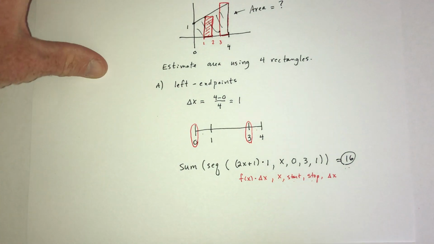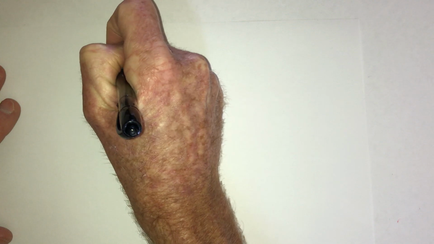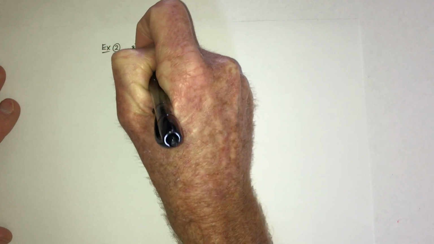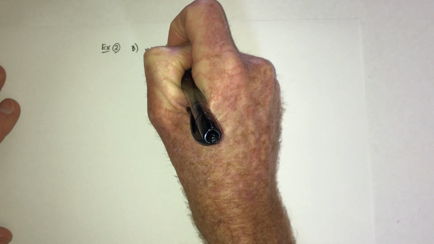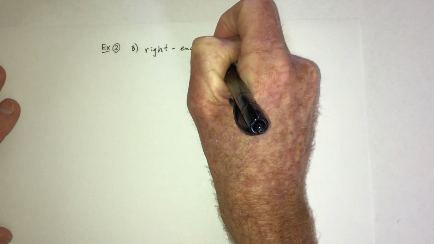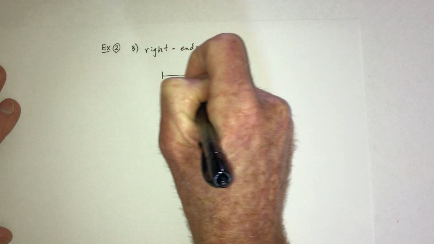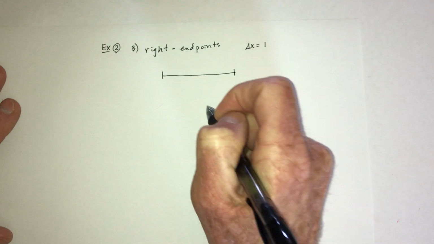Now we'll use the right endpoints. So we already did the formula for delta x, so that's still a 1.